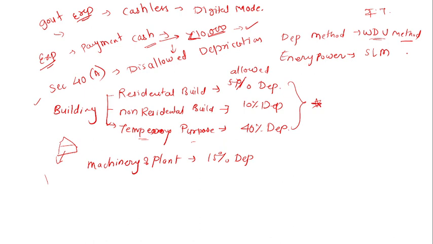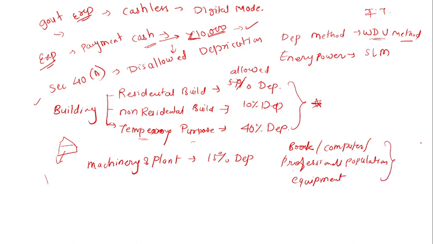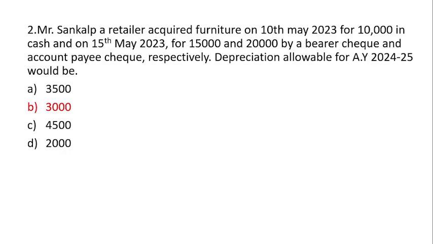And for books or computers, for professionals, professional equipment, in this case we allow 40% depreciation. So this is the information, and here the answer is that option B is the correct answer.